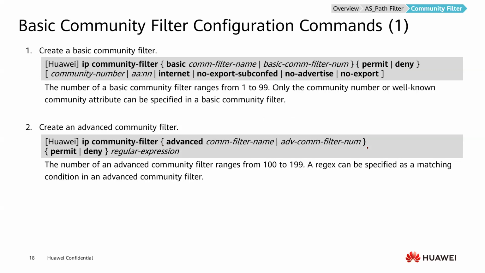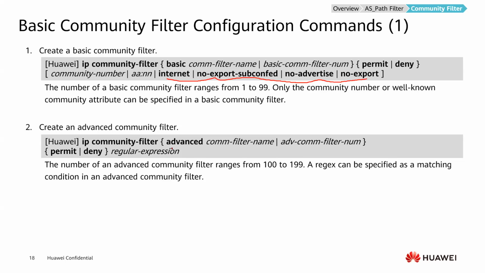And this page is for how to configure the community filter. First, you need to create the community filter. The first is the basic one. Basic means you can filter the numbers you have configured, or filter the well-known community attributes.